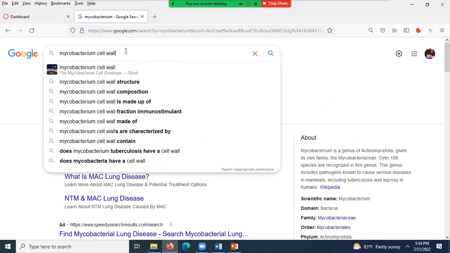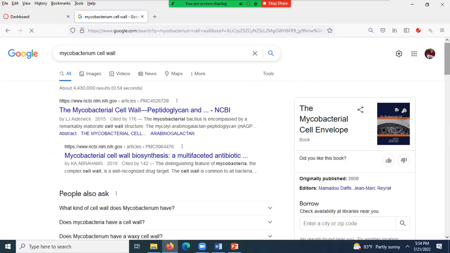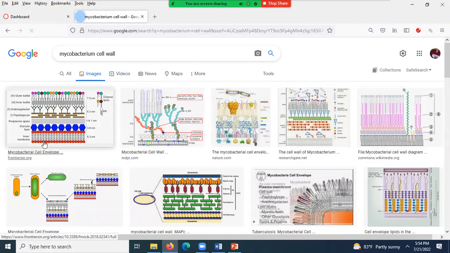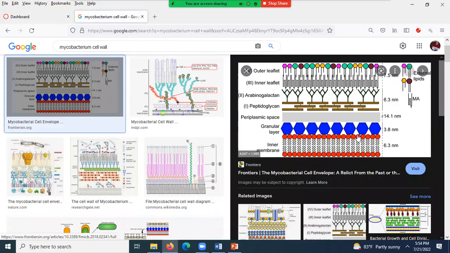Someplace I do have a picture of the mycobacterium cell wall, but it's not in this lesson, so I don't know where it is. I'm just going to Google to get there. There's a good one. You can't see this too well.